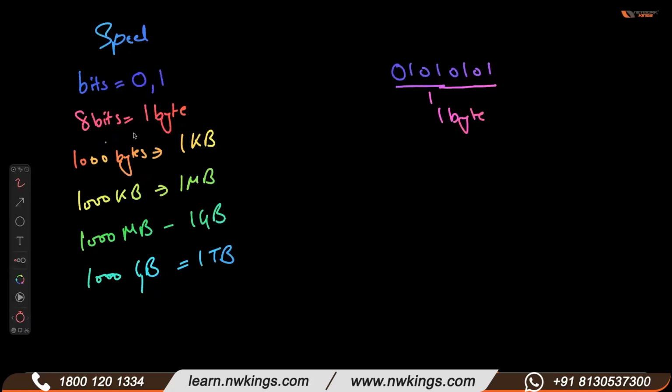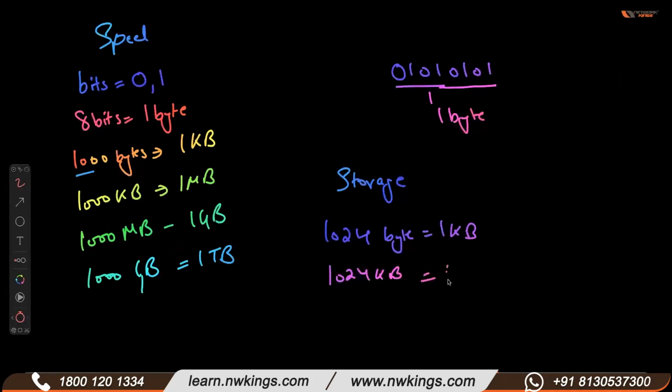So what is the difference? Some people ask me, sir, why do we say 1000? Somewhere I have seen 1024. Normally, what I have seen is that when we talk about storage, like pen drives and hard disks, we mostly take blocks of 1024. Like 1024 bytes is equal to 1 KB, and 1024 KB is equal to 1 MB.